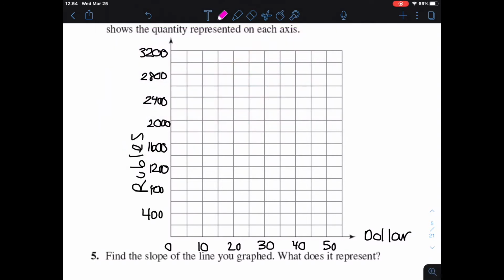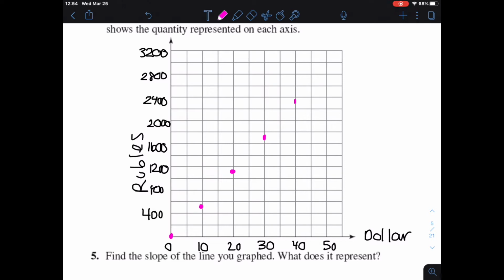So we're going to plot all of our points. When we have no US dollars, we get no rubles. For 10 US dollars, we're at 584, so that's somewhere around right here. For 20, we're at 1,100 and some, which is around right here. 30 is at 1,700. 40 is at 2,300, so it's close to the 2,400 range.